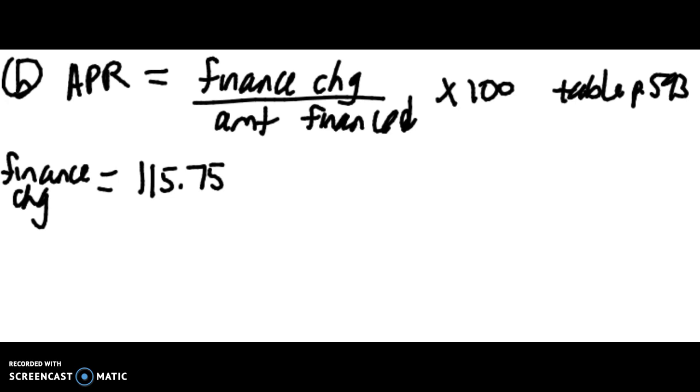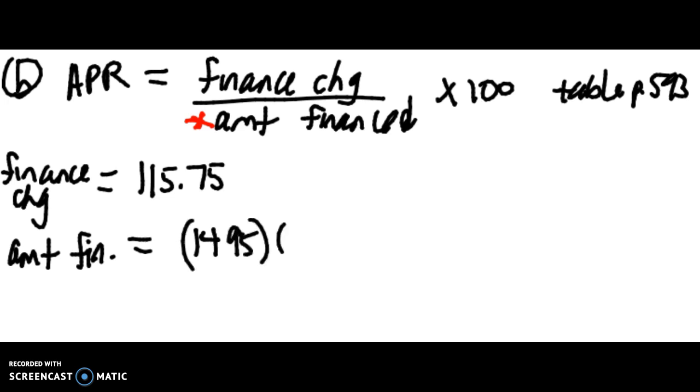Well, now let's talk about the amount financed. The amount that she actually borrowed or financed. So Ilga put a down payment on the, what did she buy? On the computer. So we need to determine how much she actually financed. So the computer sold for $1,495 and she put 5% down. So she put a down payment of $74.75.